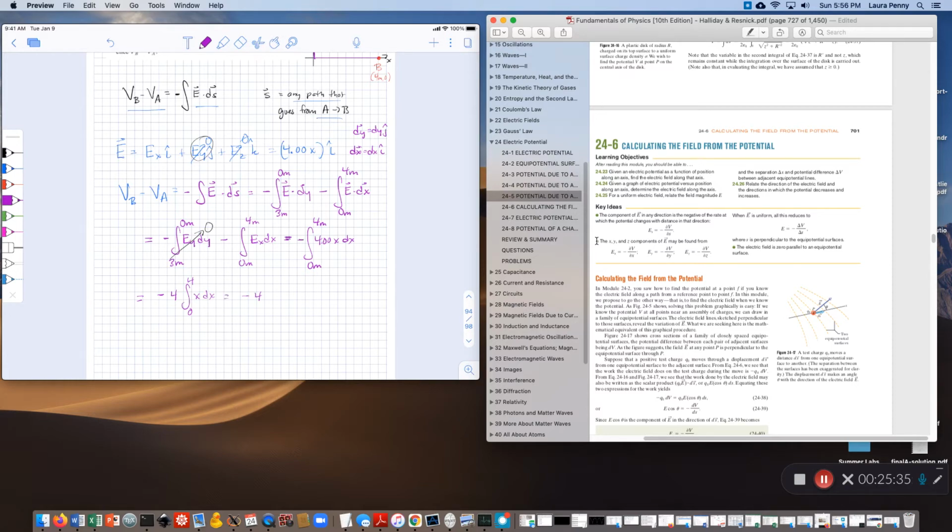Negative 4, and the integral there is x squared over 2 from 0 to 4. I end up with negative 4 times 16 over 2 minus 0. And this is negative 32 volts. V_B minus V_A is negative 32 volts.